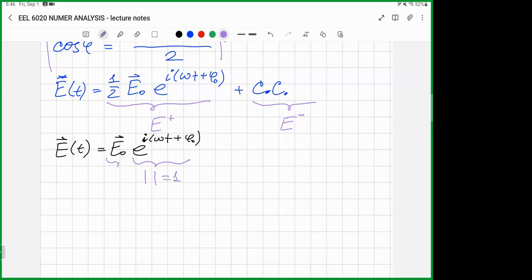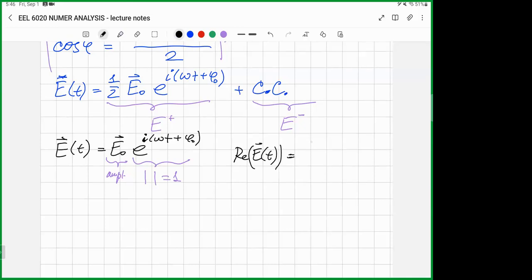So this E sub 0 is the amplitude of the field, and the second term gives the phase of the field. And then after getting the result in this way, I can find the real part of this one.